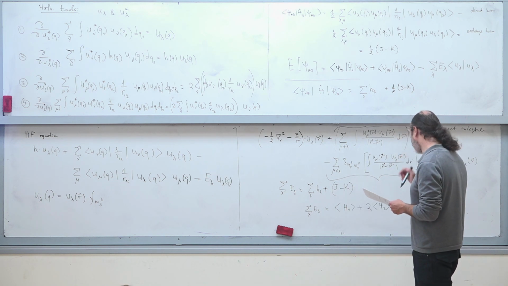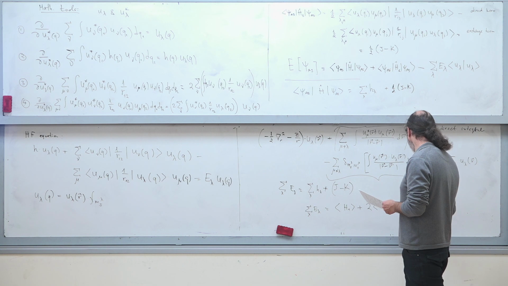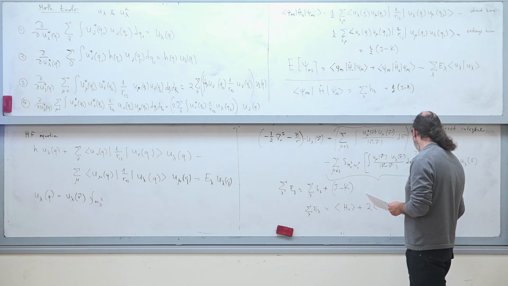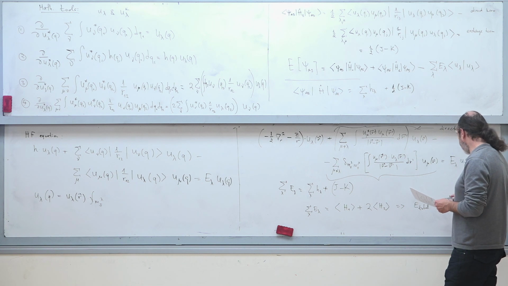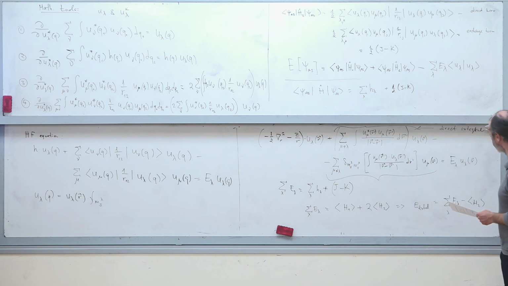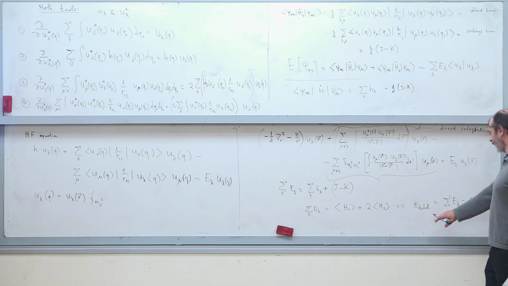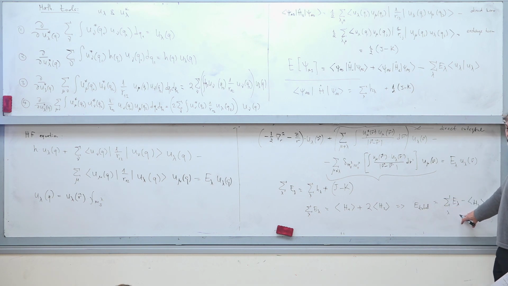So if I write therefore the total energy, it will be equal to the sum over all E lambda minus the expectation value of H2. So the total energy of the system is not the sum over the energies of all orbitals.